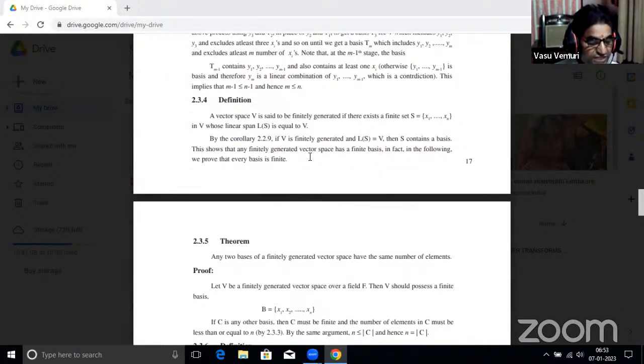One important point: a finitely generated vector space has a finite basis. Please underline this line. Open your textbooks and see page number 17. You must underline this part.